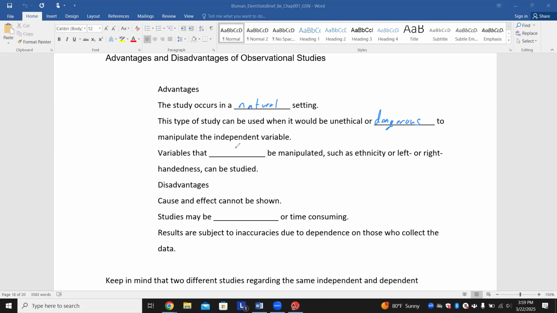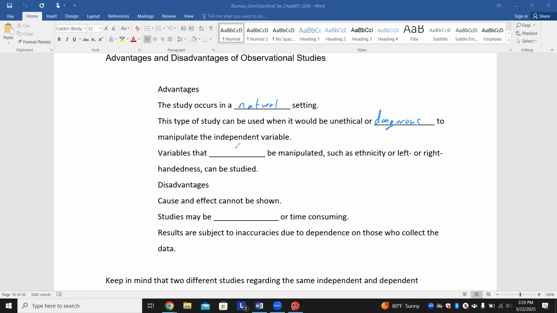So it could be dangerous if we were to have them do less exercise or more exercise, or tell them to eat more fast food versus not eating more fast food. That could be dangerous to their health, but if they're naturally doing it, we could just observe that.